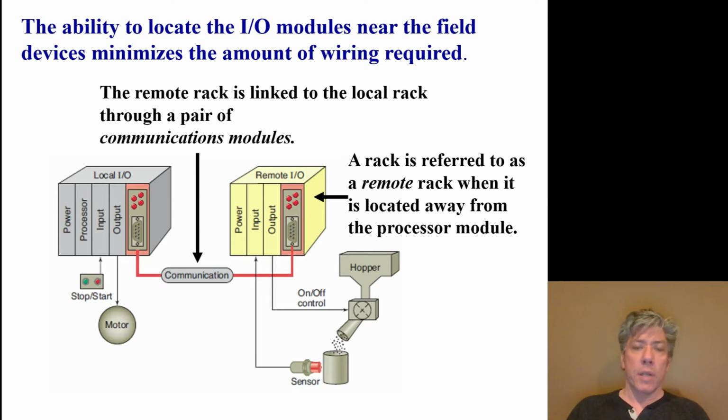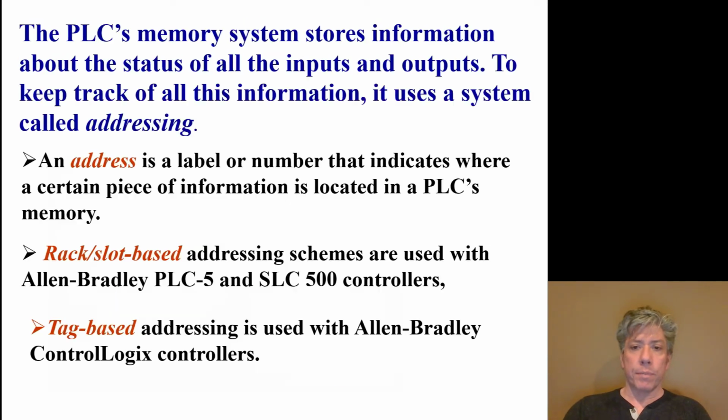But the communication lines nowadays are much more commonly Ethernet or something like that, where technically you don't really even need a PLC close by. In fact, a lot of times you don't even need a PLC. You can use a computer instead with a bunch of distributed I/O modules.